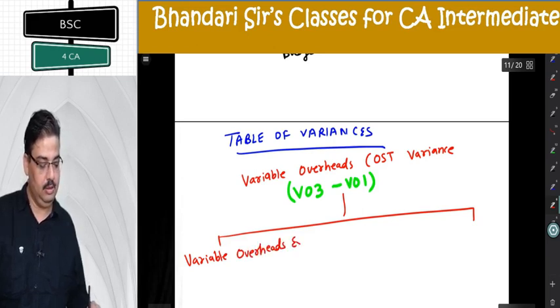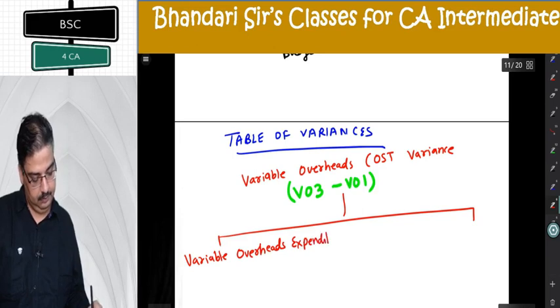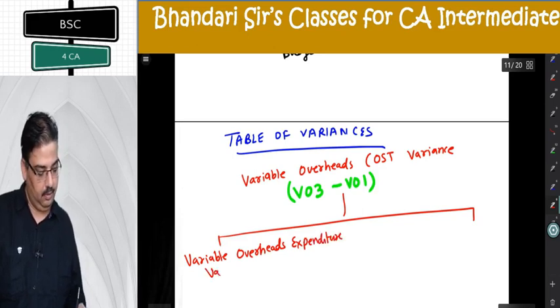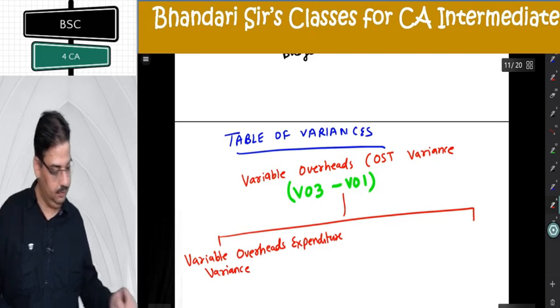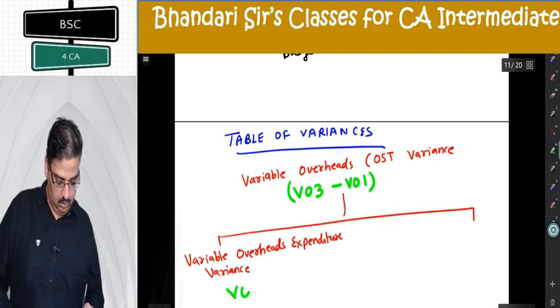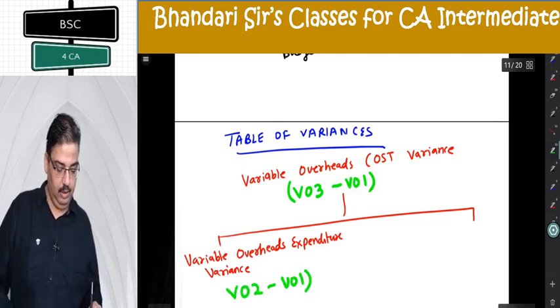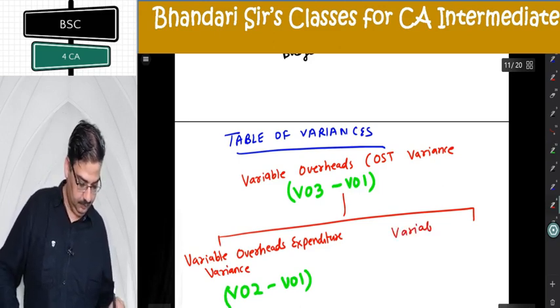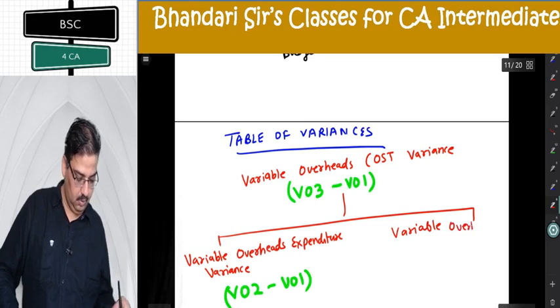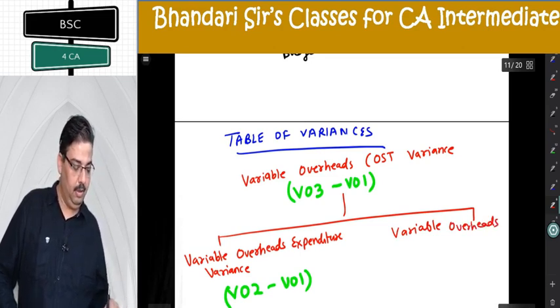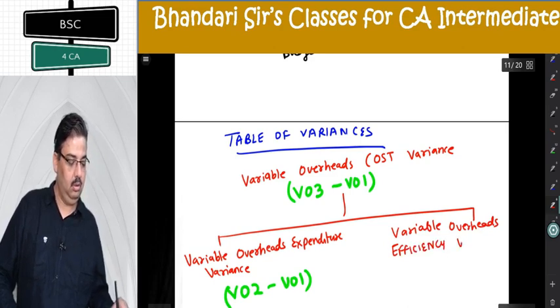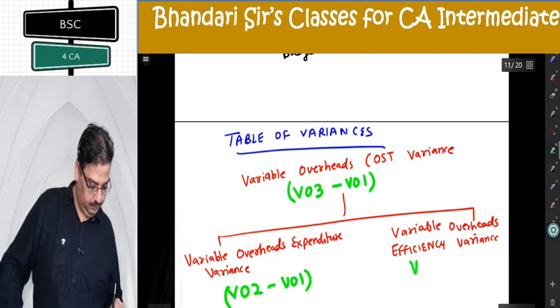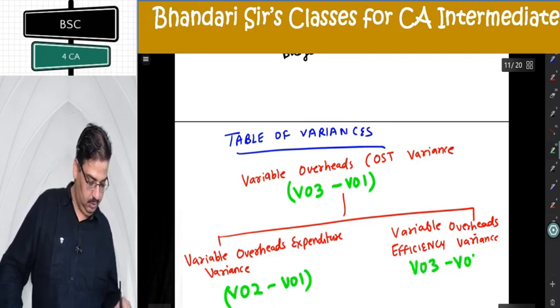Variable overheads expenditure variance: VO2 minus VO1, and variable overheads efficiency variance: VO3 minus VO2.